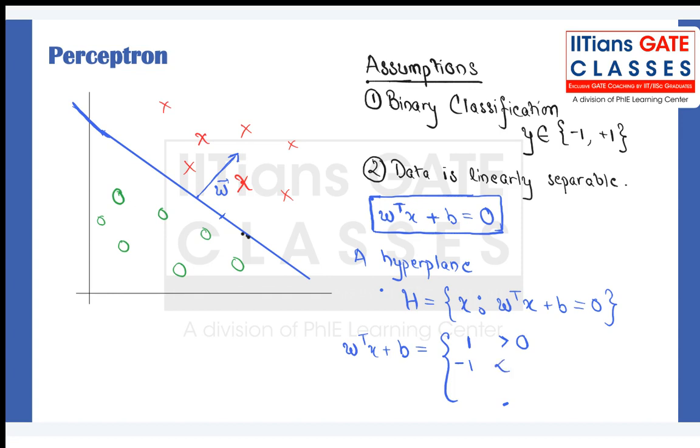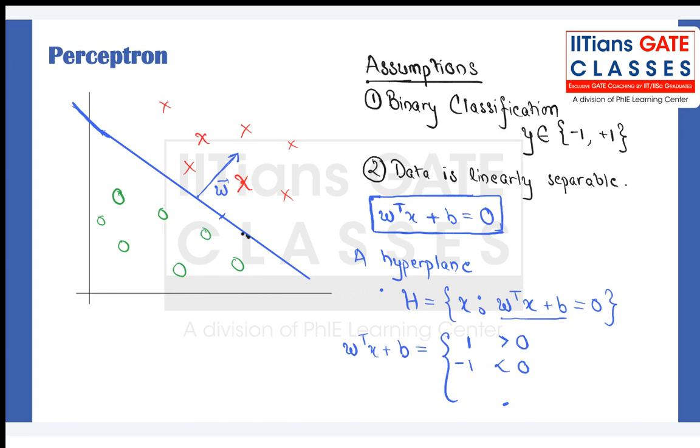So if the value of this equation is greater than 0, then I fall above this line, and in that case I can say that the output will be 1. And if it falls below this line, then the output will be minus 1.